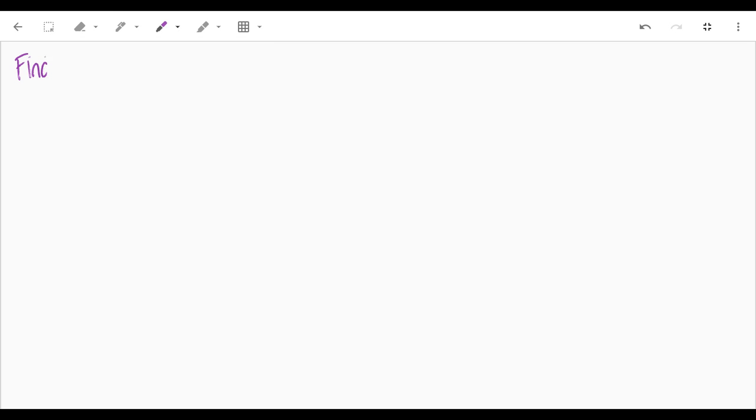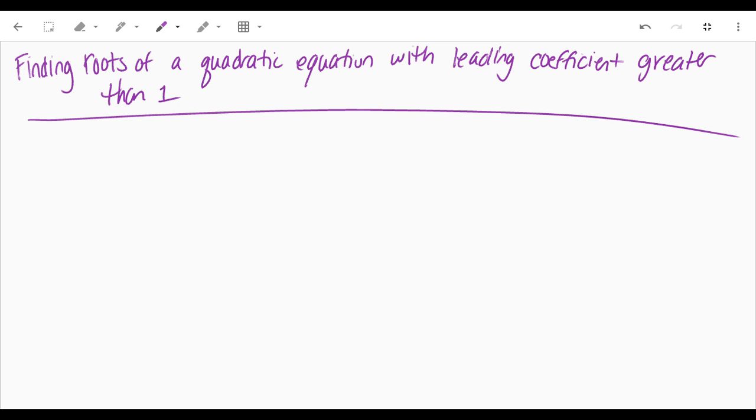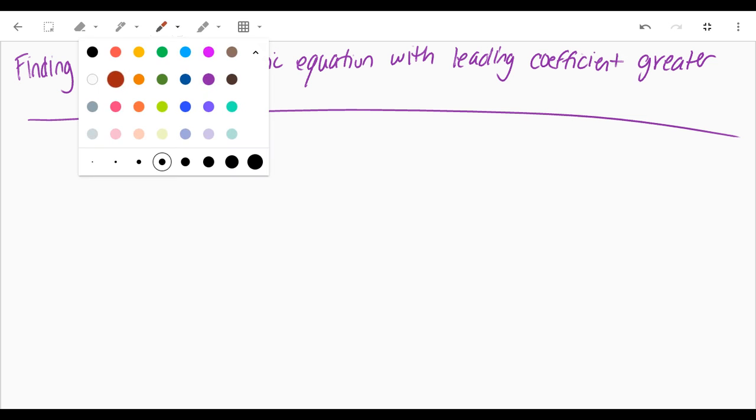So we're going to do finding roots of a quadratic equation with leading coefficient greater than 1. Okay, so now this one, you've seen this before too. It just takes a little bit more work.